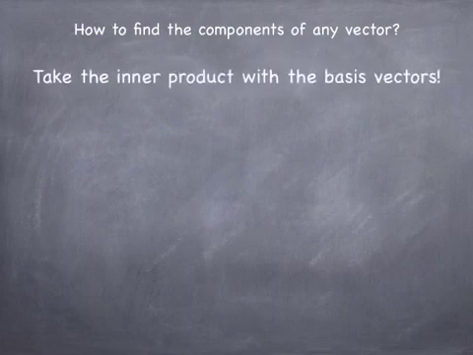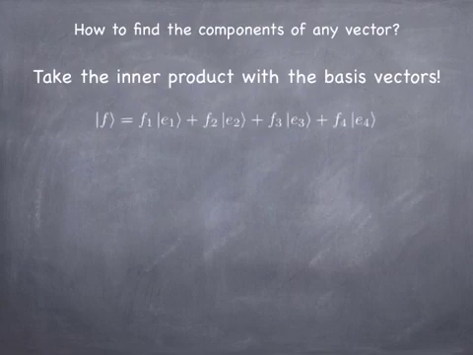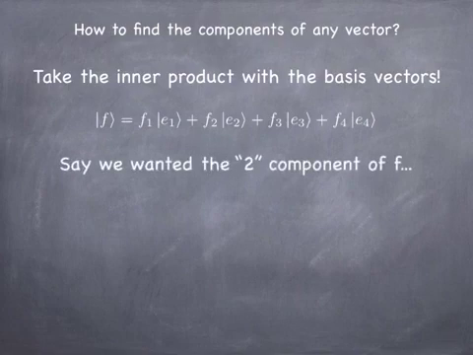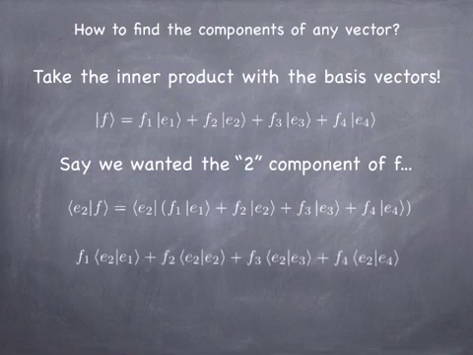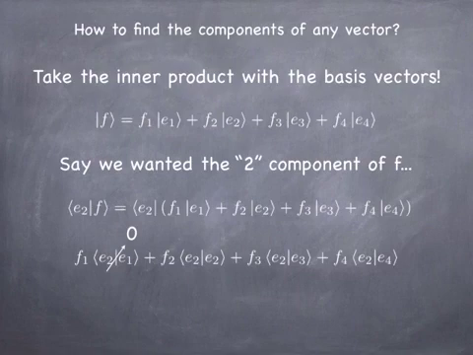Well, you take the inner product of that vector with the basis vector whose component you want. For example, if you have a ket f that's the superposition of 4 basis vectors, and you want to know the 2 component, then you hit f with e2, and what do you get? Well, e2 on e1 is 0, e2 on e2 is 1, e2 on e3 is 0, and e2 on e4 is 0.